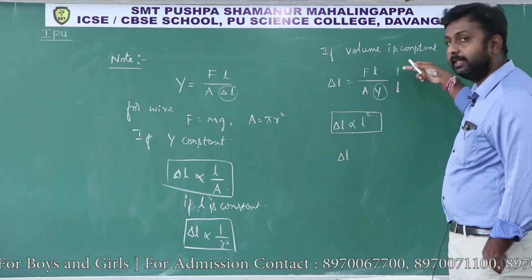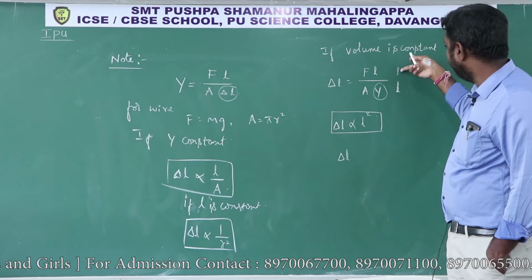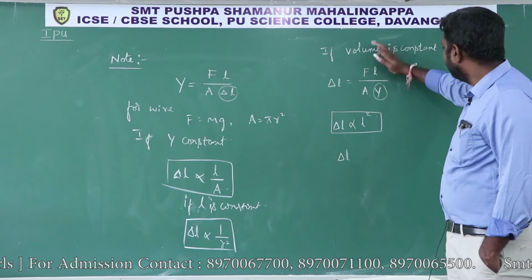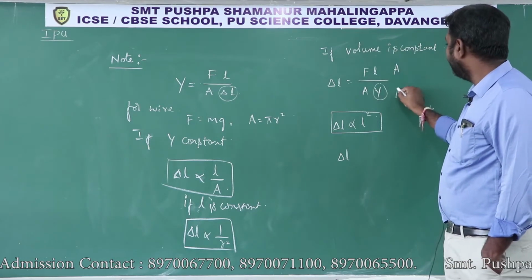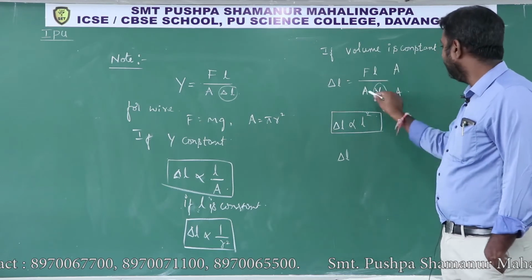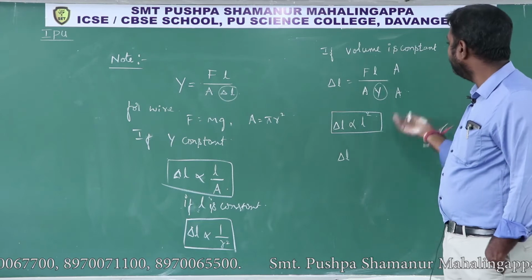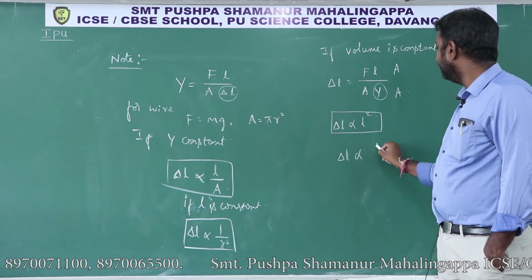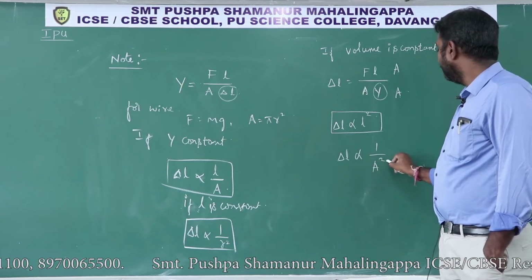Then for the change in length, we can write one more formula. In the first method I multiplied and divided by L. Second, I can multiply and divide by A also. Here also A into L becomes volume, and here A into A becomes A square. If volume is constant, the change in length is inversely proportional to A square.